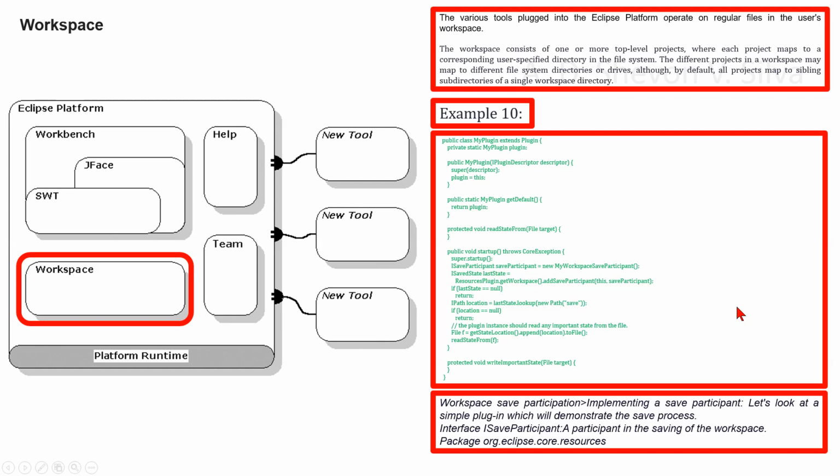To participate in workspace saving, you must add the save participant to the workspace. This is typically done during your plugin startup method. This is also where you read any state that you might have saved when your plugin was last shut down. Let's look at the simple plugin which demonstrates the save process.